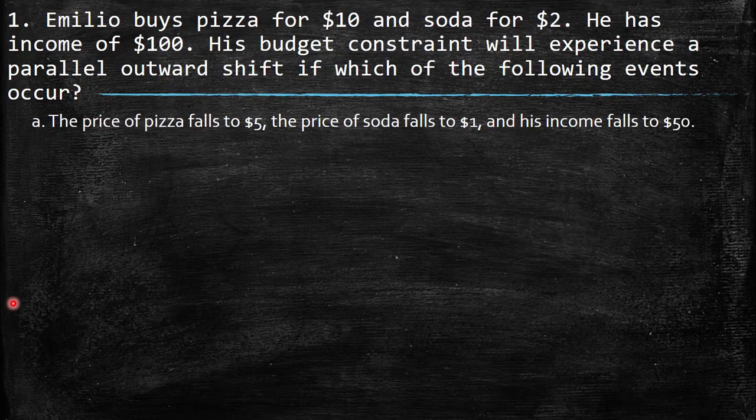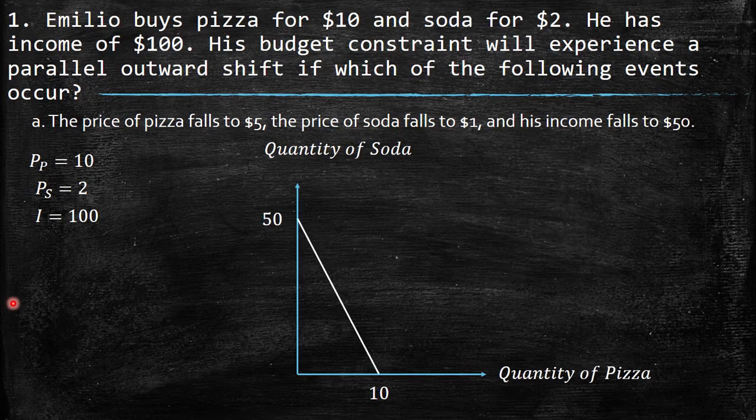So the first one: the price of pizza falls to $5, the price of soda falls to $1, and his income falls to $50. First, this is the initial situation. We know that the slope of this curve is given by the negative of the price of pizza over the price of soda, so the slope should be minus 5.